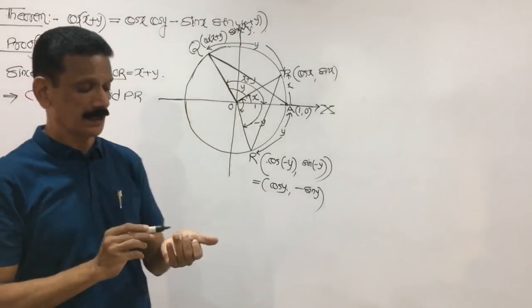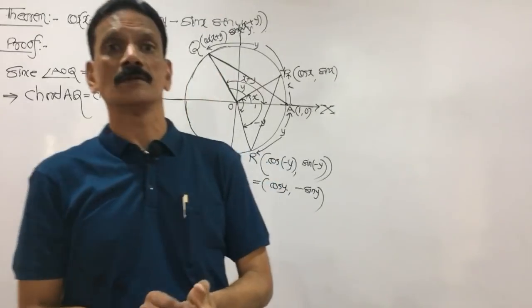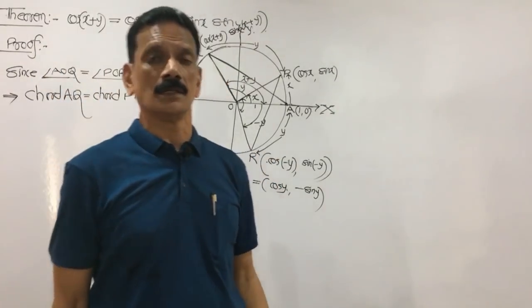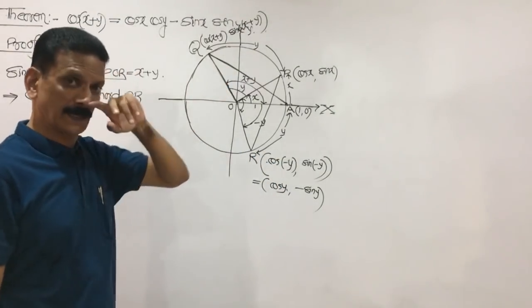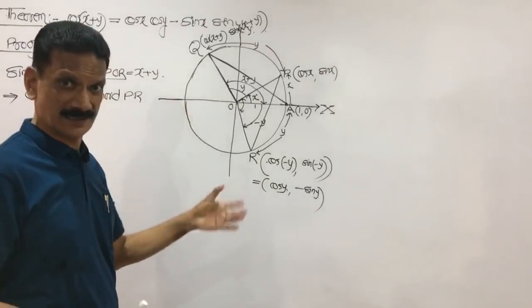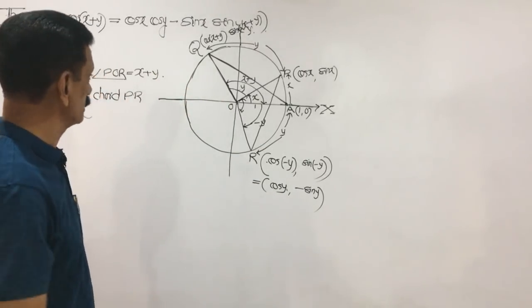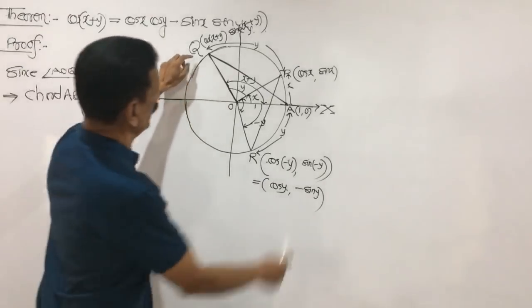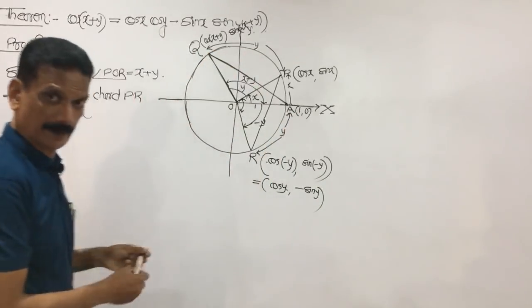So in the circle, as you have studied at school level, when the angles subtended by two chords are the same, then the two chords must be equal. So chord AQ must be equal to chord PR.